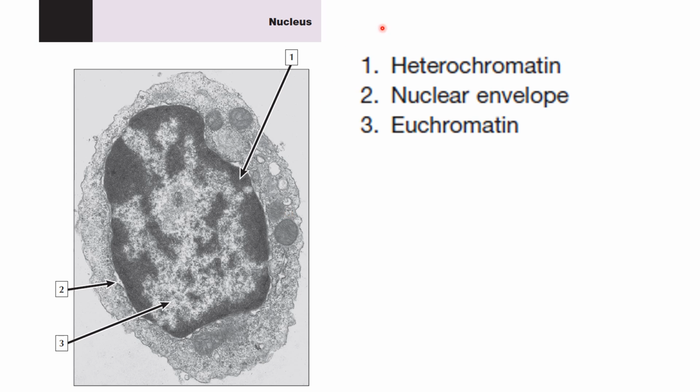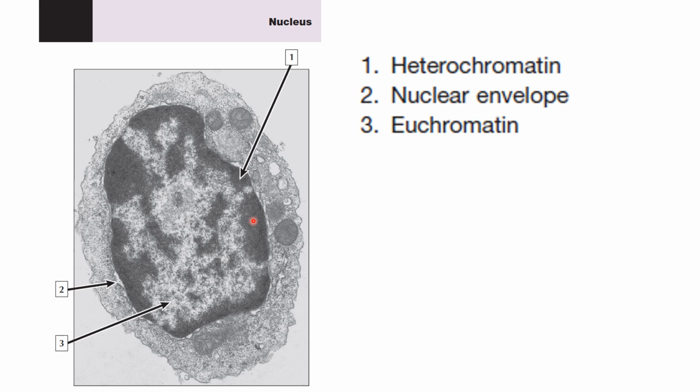The nucleus contains genetic material, which is DNA, that is either packed or unpacked. Heterochromatin, shown here as the densely colored structures in the center of the nucleus, is the packed form, whereas euchromatin is the unpacked form.